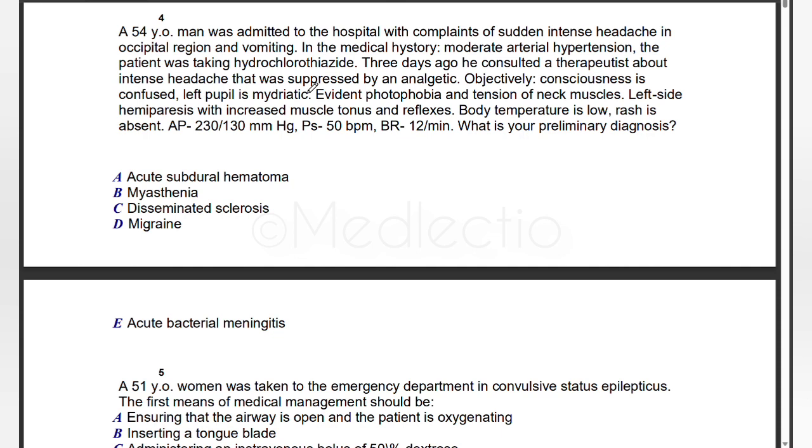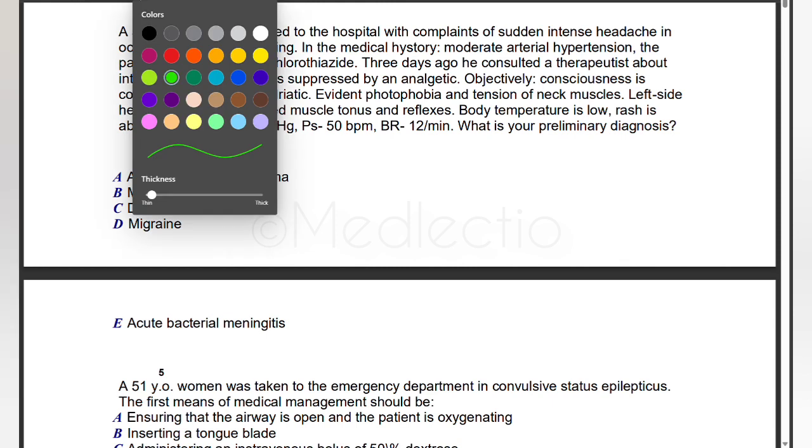Objectively, consciousness is confused, left pupil is mydriatic, evident photophobia and tension of neck muscles, left-side hemiparesis with increased muscle tonus and reflex, body temperature low, rash is absent, AP 230 by 130, pulse 50, breathing 12. What is your preliminary diagnosis?